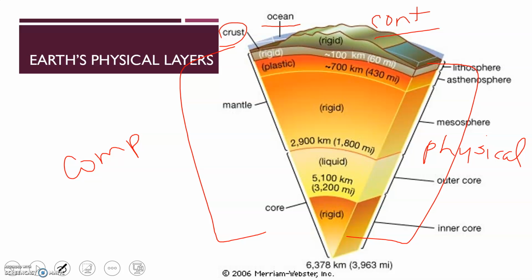Then you have your lithosphere, which is the bottom of the crust and the very top of the mantle. Then you have your asthenosphere. Now notice it breaks up the mantle over here. All of this is mantle. Now look, the asthenosphere and the mesosphere break that up. Mesosphere makes up a majority of it. Then you have your core, and it gets divided as the outer and inner, remembering that the outer is made up of liquid.